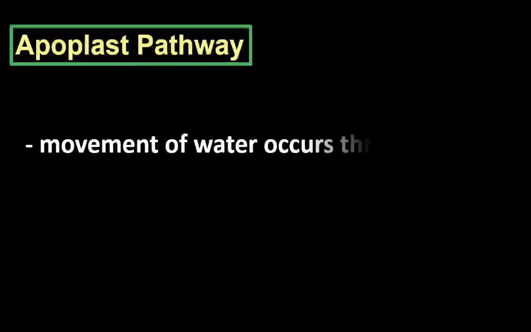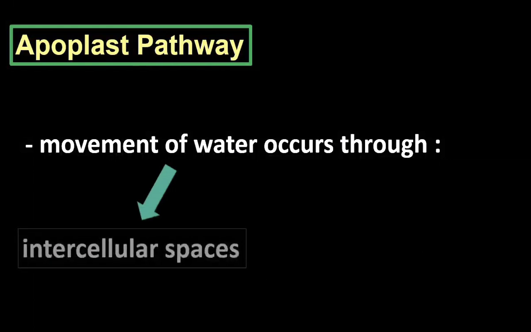Let us learn the Apoplast Pathway first. In the Apoplast Pathway, movement of water occurs through intercellular spaces. What are intercellular spaces? The space between nearby cells is called intercellular spaces.